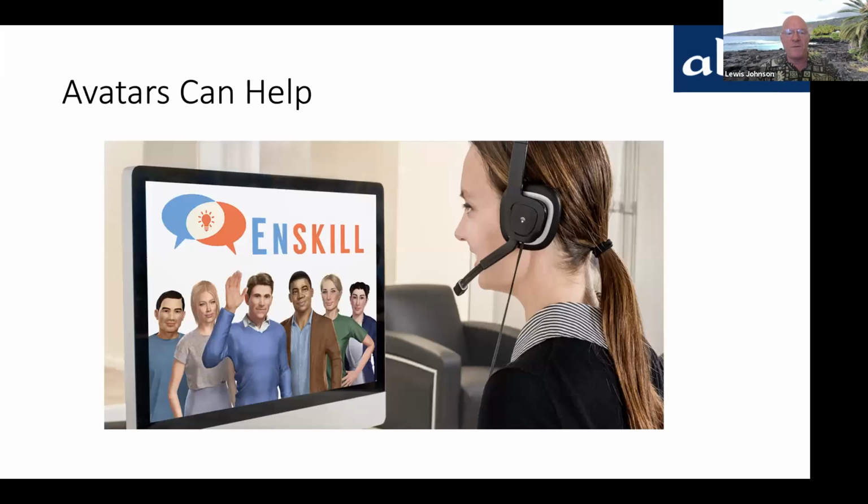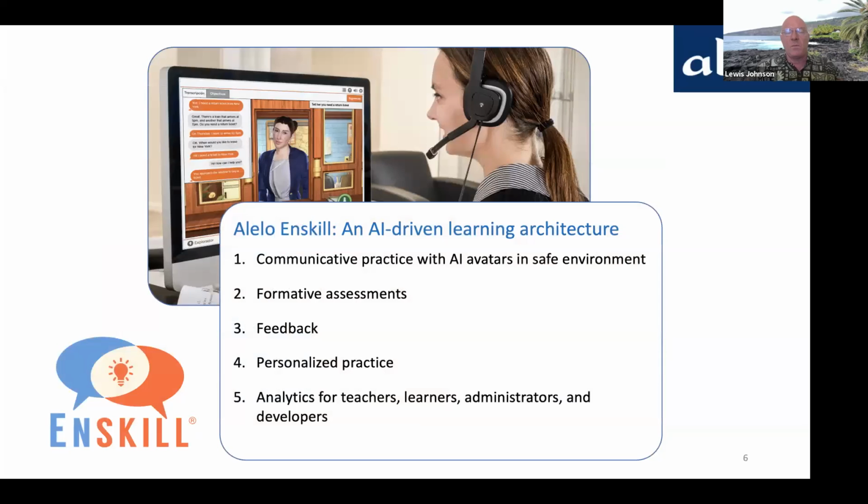So we felt that the technology we developed for avatar-based learning could help. We proceeded to adapt our online learning platform called nSkill, which incorporates AI at a number of levels to facilitate learning, to better address the needs of this remote learning context.